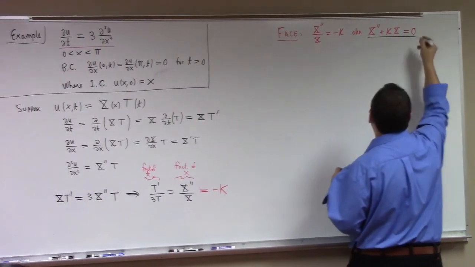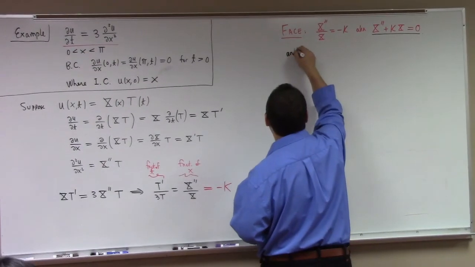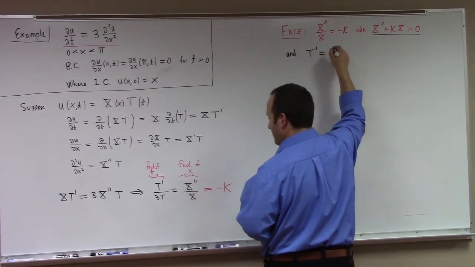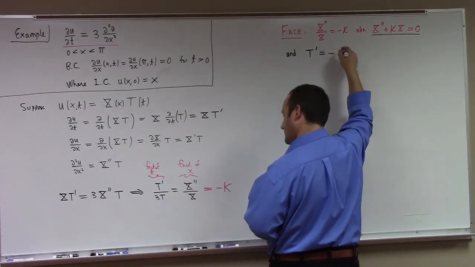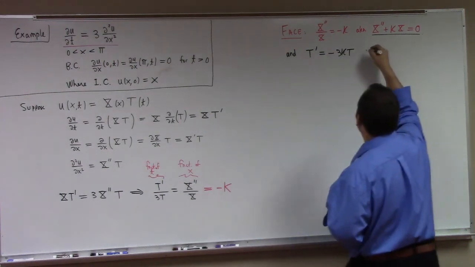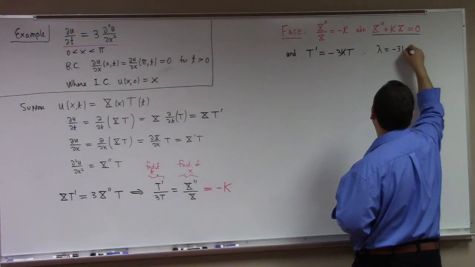I want to use that modular design that I set forth, yeah? So how about the time? Time, we've got t prime equals minus 3kt. Oh, hey, that we can solve. That says lambda is equal to minus 3k.